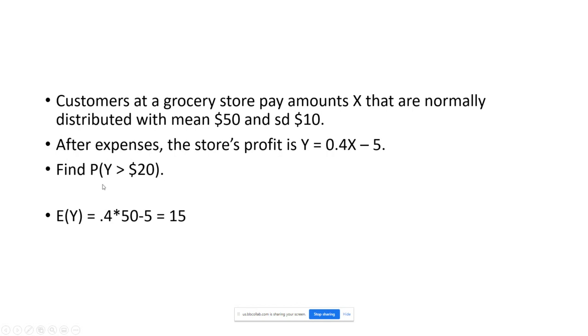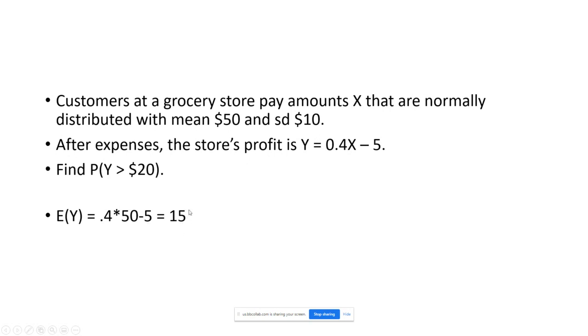So we know that Y is a linear function of X. So we know that Y is also going to have a normal distribution, because that's our special property of normal distributions. So then we want to find the expected value and standard deviation of Y. So its expected value is going to be 0.4 times the mean of X, so 0.4 times 50, minus 5.